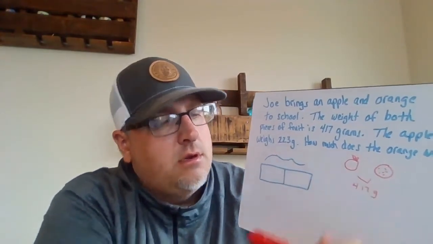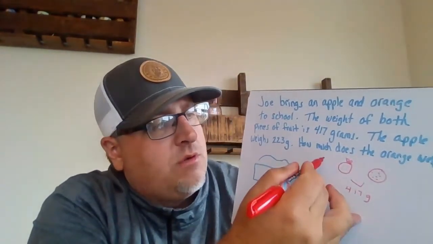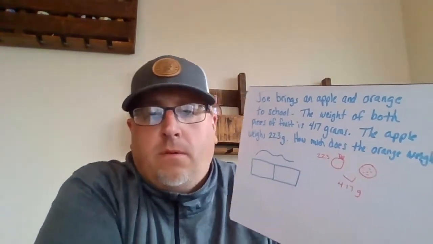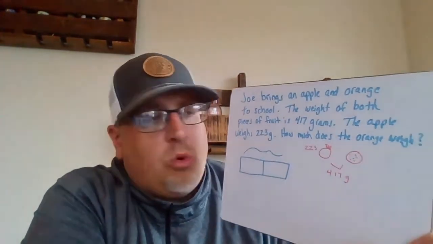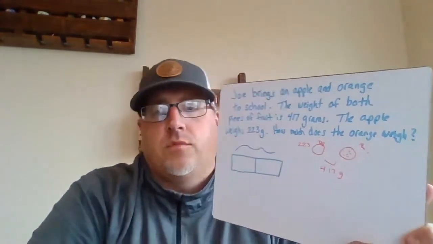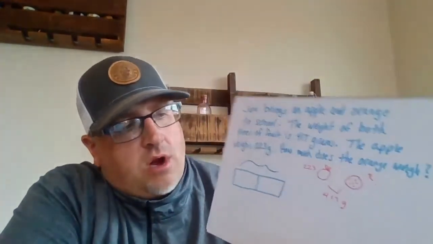Okay? The apple weighs 223 grams. So over here we know the apple weighs 223 grams. How much does the orange weigh? Okay? So there we go. Kind of made a little sketch right there. All right? And we can plug it into our drawing over here.